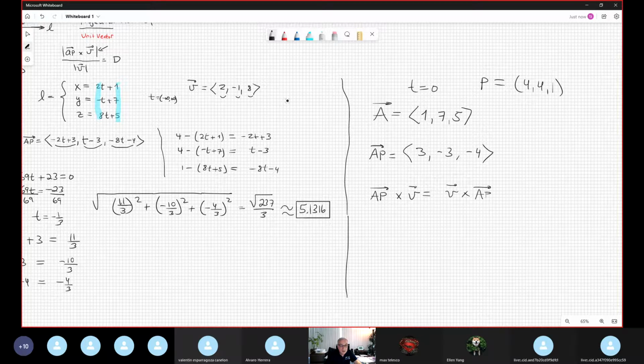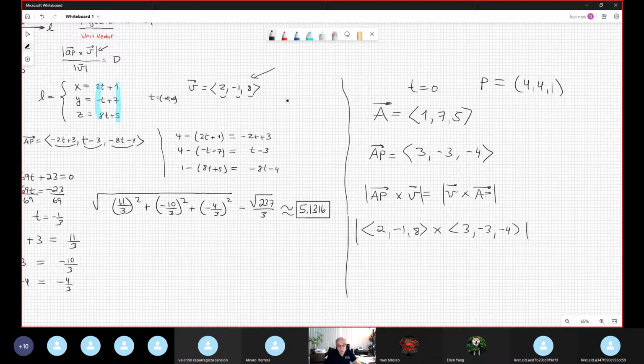The B vector is 2, -1, 8, cross product with 3, -3, -4. And also you find the magnitude of this.